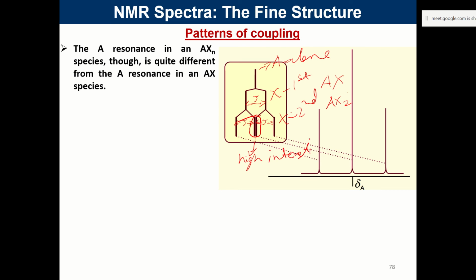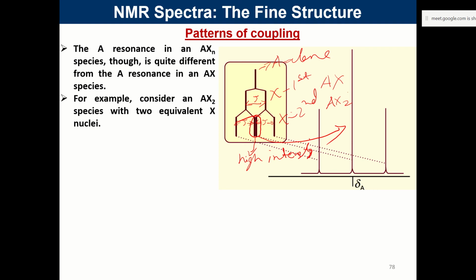The two things get added up, appearing at the same position in the chemical shift scale, and so you have an increased intensity over here. High intensity is quite apparent here.